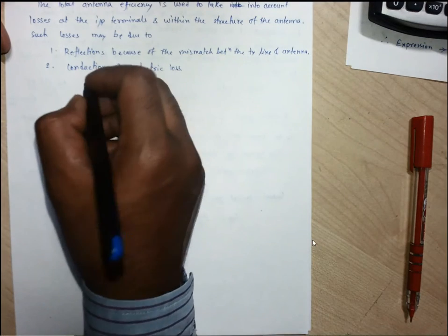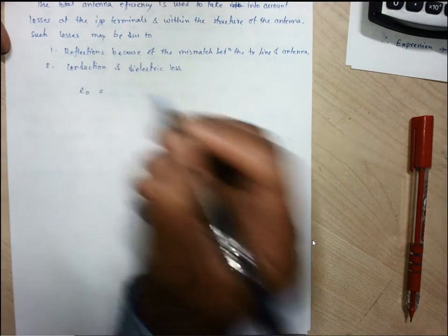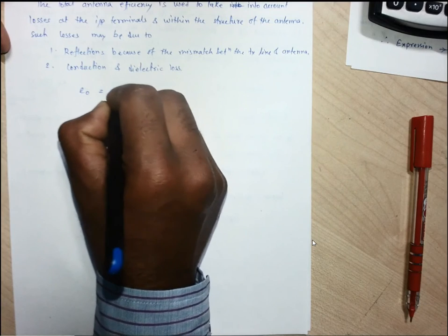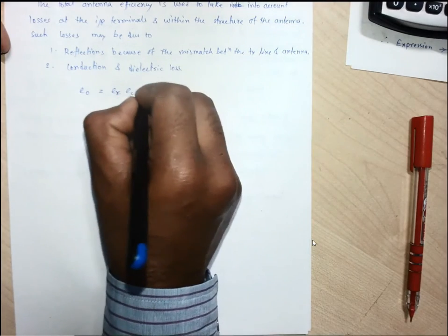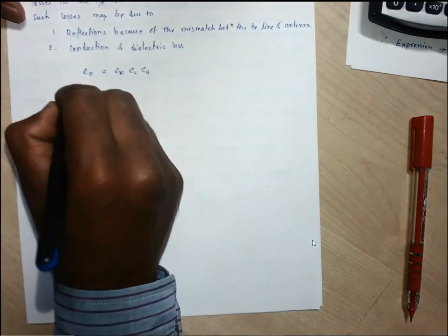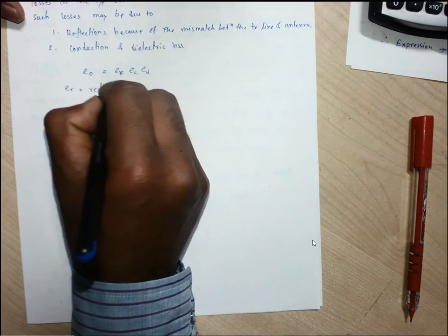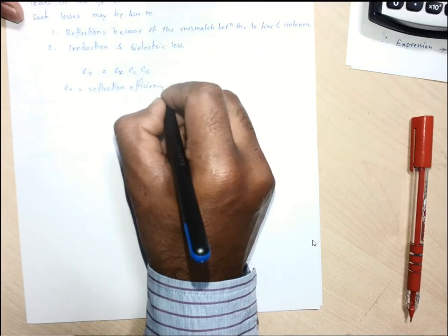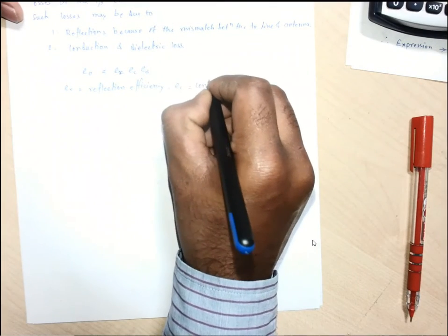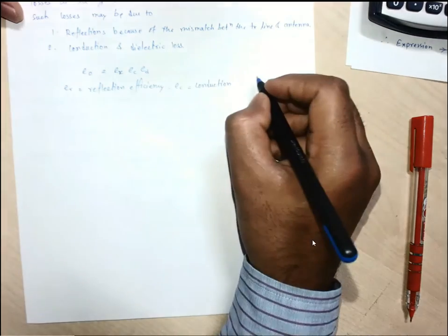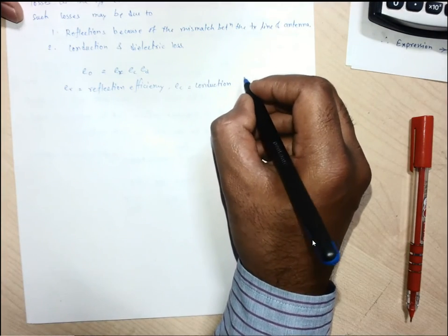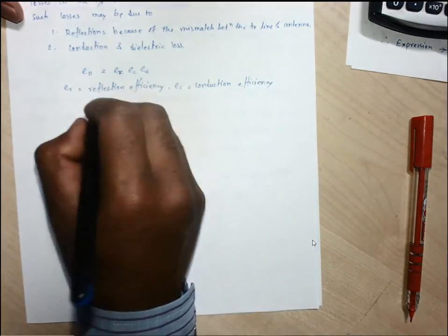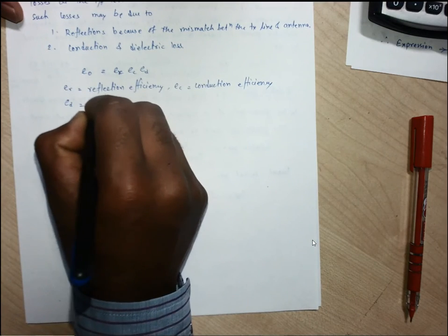So this efficiency E naught is equal to ER, EC and ED. What is ER? ER is the reflection efficiency. EC is the conduction efficiency due to the conductivity of the material by which this antenna is manufactured, and ED is the dielectric efficiency.